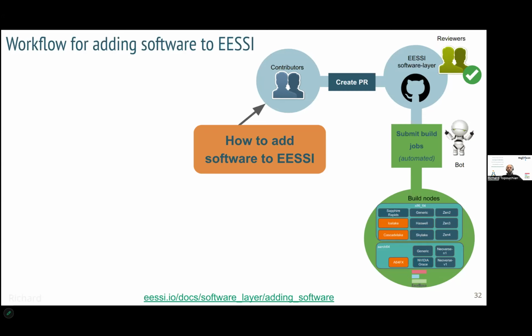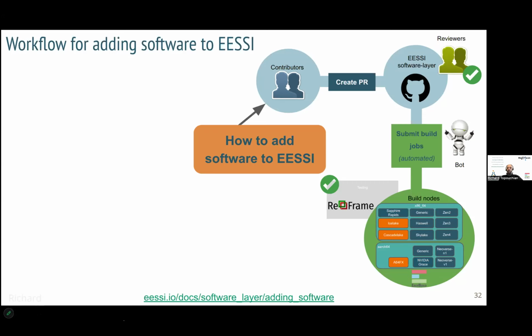And also there is work in progress for Intel Ice Lake and Intel Cascade Lake. For ARM-based CPU microarchitectures, Easy already supports Neoverse N1, Neoverse V1, and the NVIDIA Grace, which is found on Jupiter. There is also the default generic, and there is work in progress for the A64FX that is found on Deucalion.